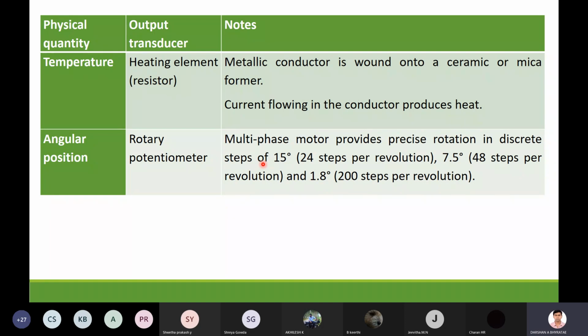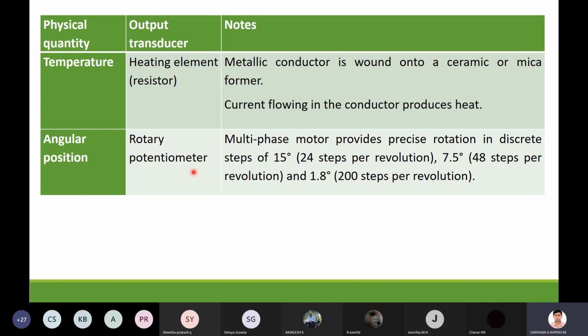If I keep the regulator at 1, the fan speed is low. If I increase it to 5, it will increase your fan speed to the fastest. So again, the same potentiometer I am using as an output transducer. The same potentiometer I can use as an input transducer also.